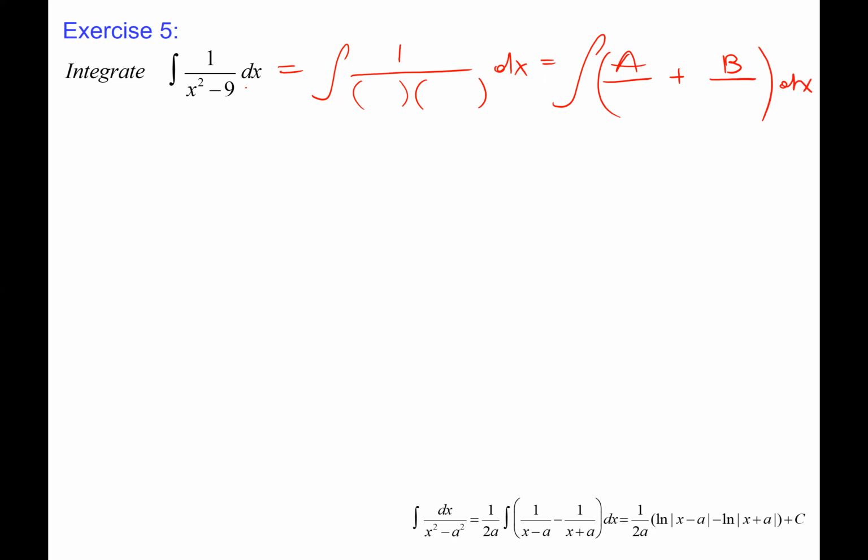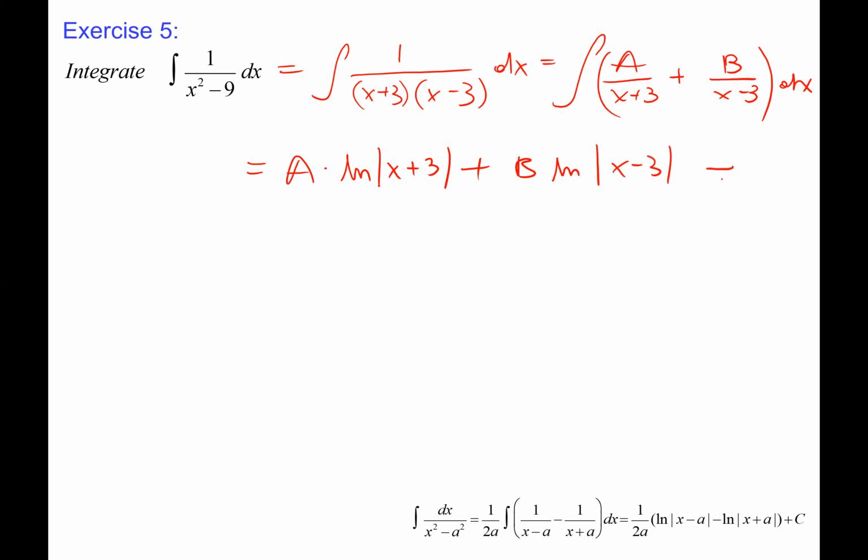Okay, and x squared minus 9, yes, thank you, Ryan, is x plus 3 times x minus 3. That means this is the first and this is the second. Of course, I can say A times natural log of this plus B ln of this, plus the constant of integration. You know how to compute A and B.